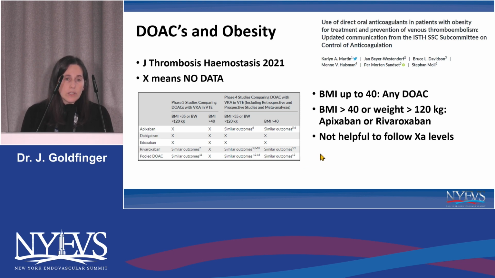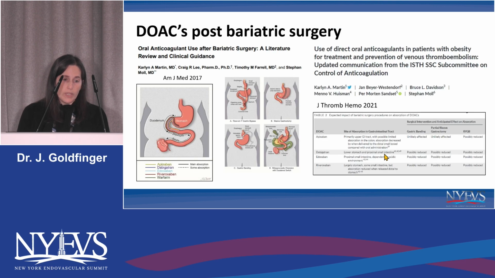So the consensus of the International Society on Thrombosis and Hemostasis is BMI up to 40, you can use any. All of these drugs work closely enough, so even though they were not all studied, it's safe. For a BMI over 40 or a weight over 120 kilograms, it's only apixaban or rivaroxaban. So those are the only two.